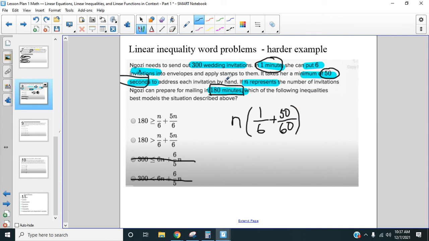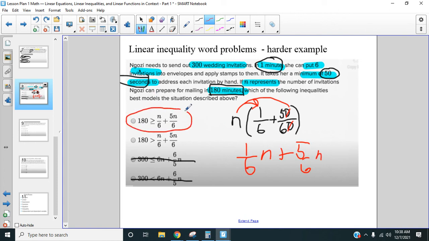Now, how about that 50 seconds out of 60? Can I reduce that? Yeah, it turns into 5/6. And then what happens if I distribute this in? 1/6 n plus 5/6 n. It's not written exactly like that, but this is what we're talking about right here.